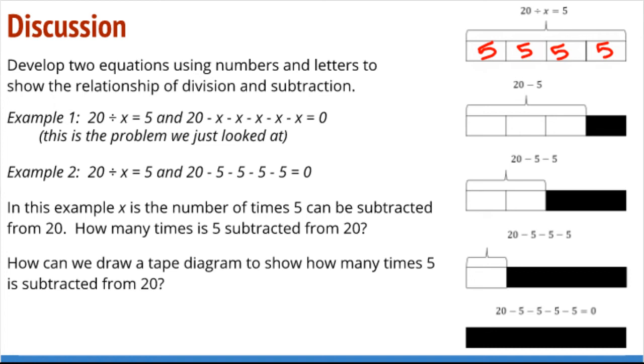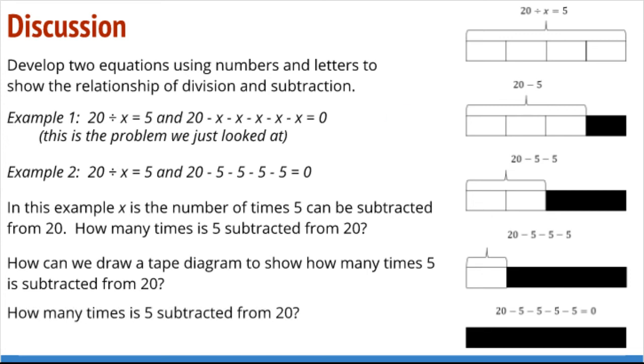And we are showing that we are subtracting 5 off over and over again and counting how many times we can subtract the 5. So we subtracted 5 from 20 4 times. And would x equal 4? Is 20 divided by 4 equal to 5? Well, of course it is. We've done this problem about 5 different ways today.